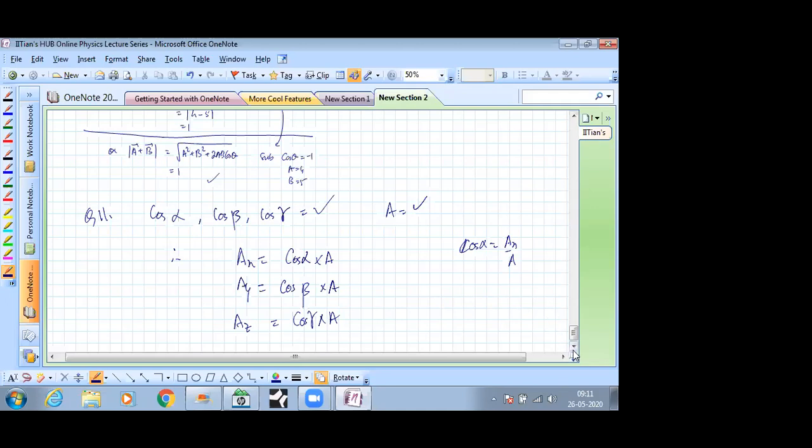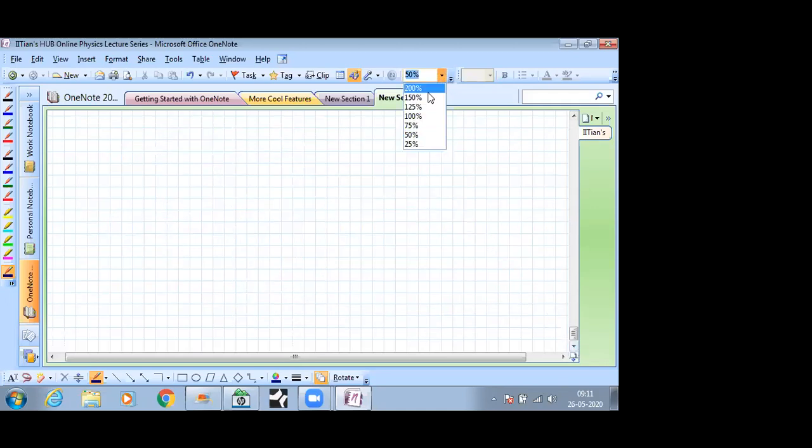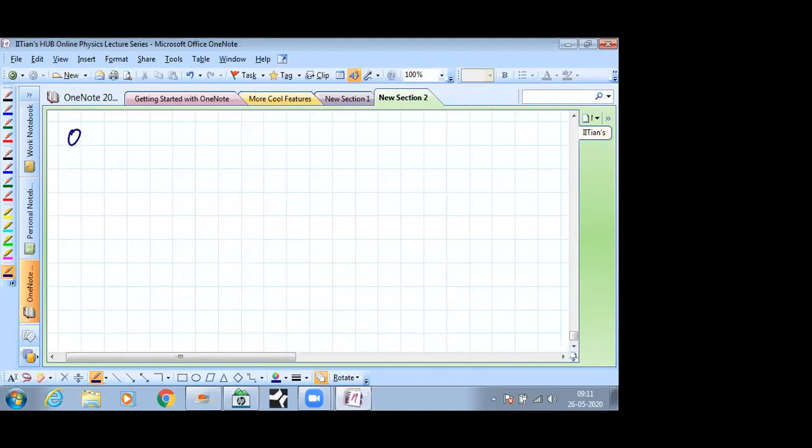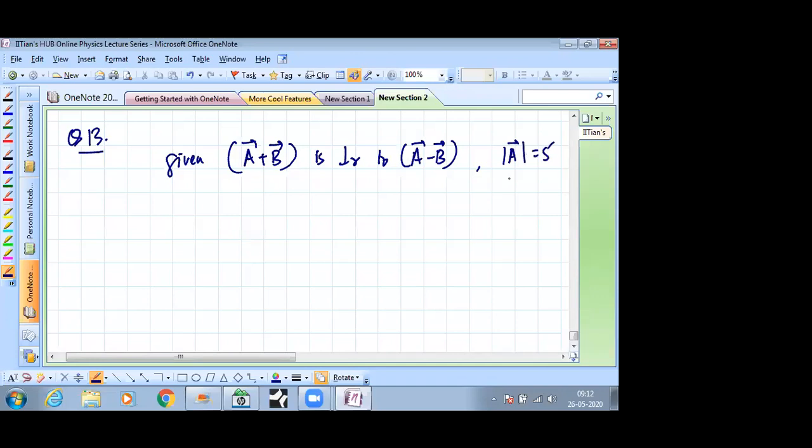All right, let's come to 13th question. Okay, so it is given to us that A plus B is perpendicular to A minus B. And mod A is equal to 5.